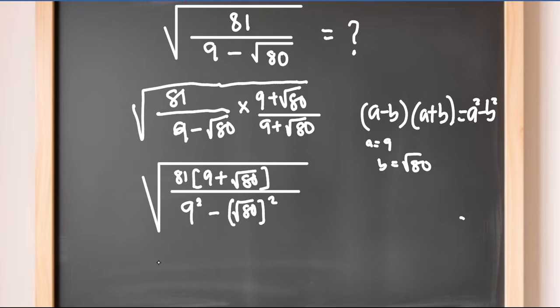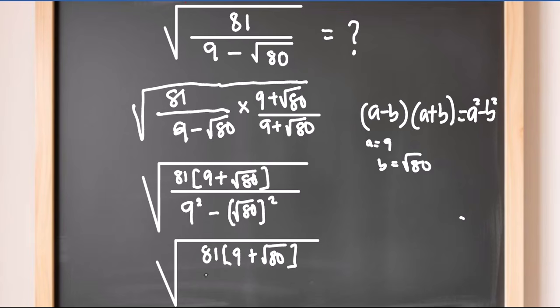Now, based on this, I can simplify the denominator further. So for the numerator, I'm still going to have 81 into parentheses, 9 plus the square root of 80. But as for the denominator here, my 9 squared is going to be 81 minus another rule that says the square root of b all squared.